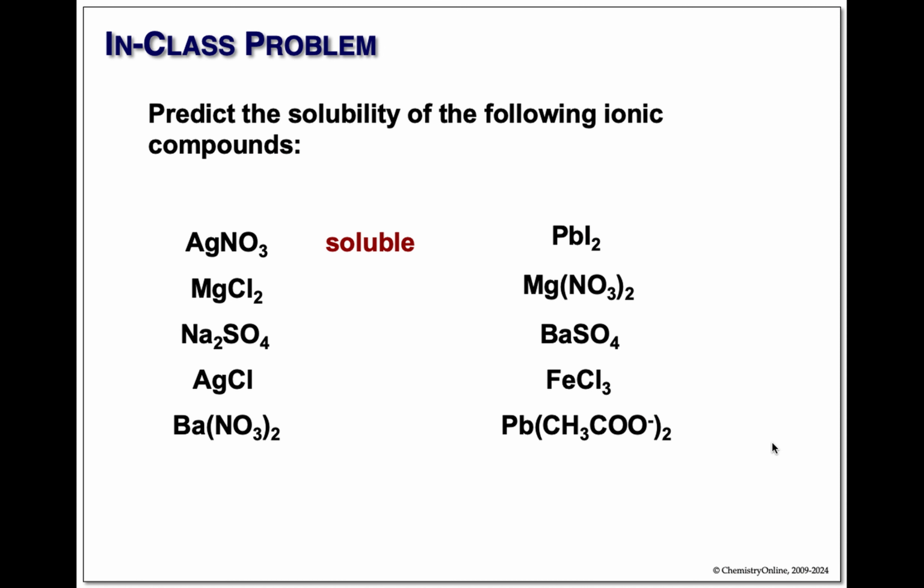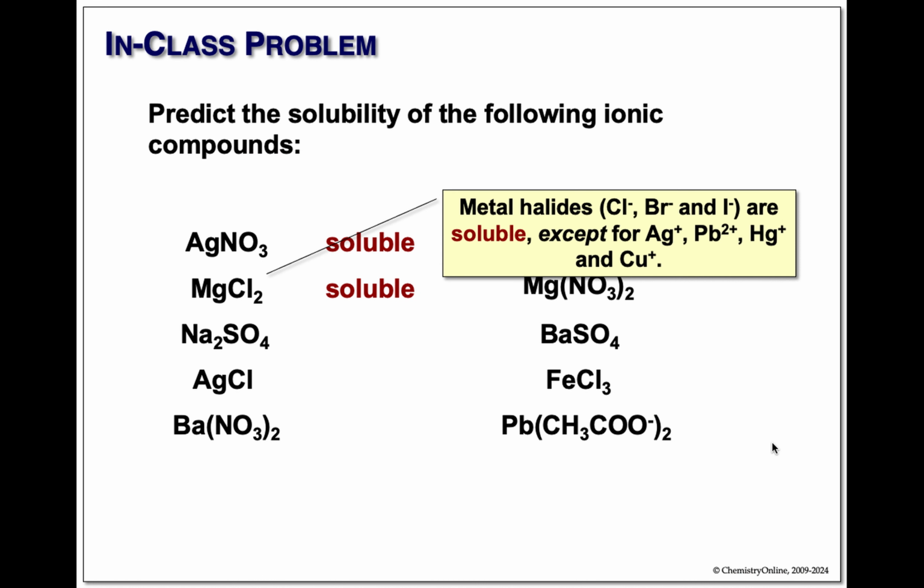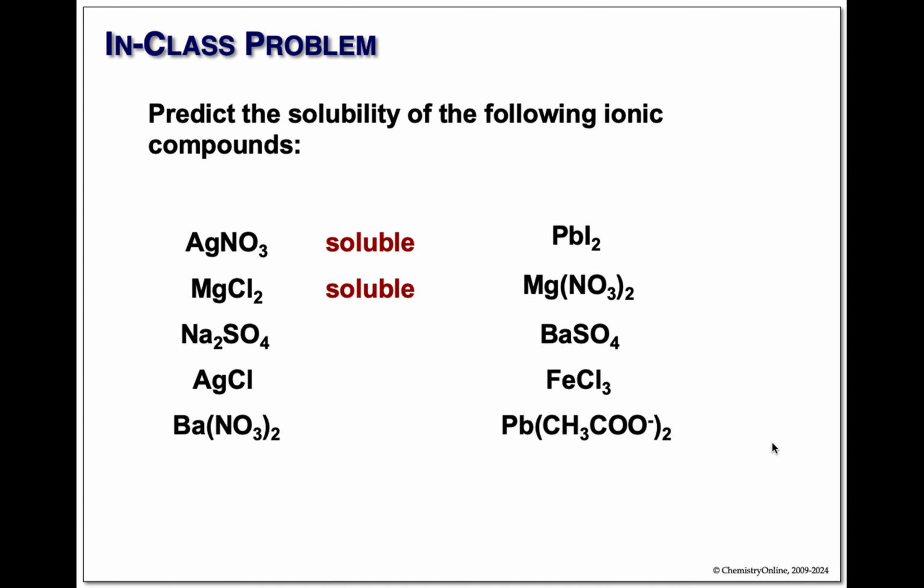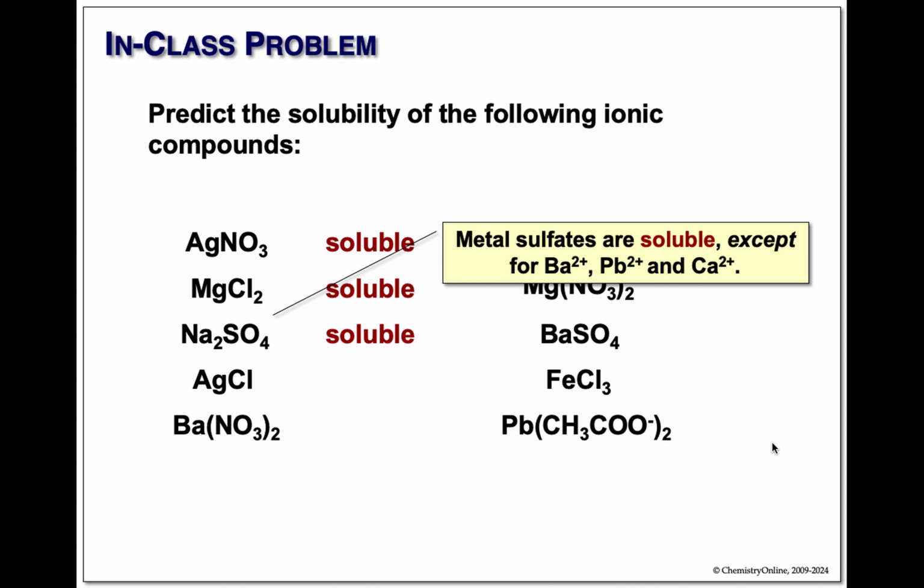Magnesium is not one of the bad guys, fully soluble. Silver, lead, mercury, and copper are not. Most sulfates are soluble. Plus, this is group 1. It's soluble. The ones that are not, once again, barium, lead, and calcium.